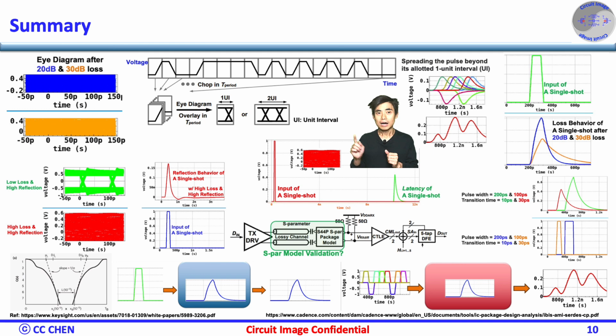In addition, a single shot shows how the channel has impacted the signal's pulse width and transition time in higher data rates and greater channel loss. So, designers know the design trade-offs. Again, single-shot analysis is crucial for link SI analysis as it provides insights into signal behaviors, including the ISI and reflection effects, informs system design and aids in performance optimization.